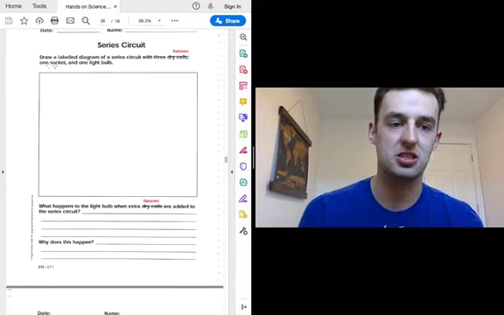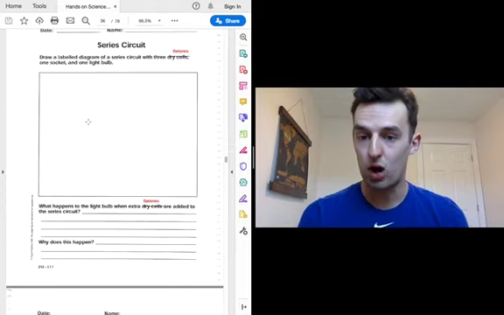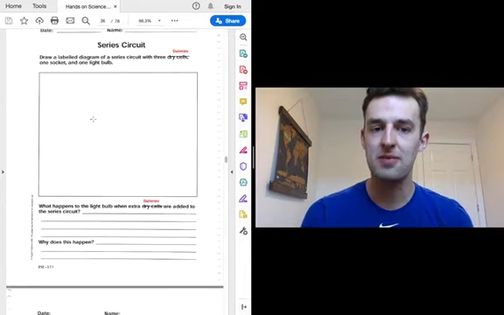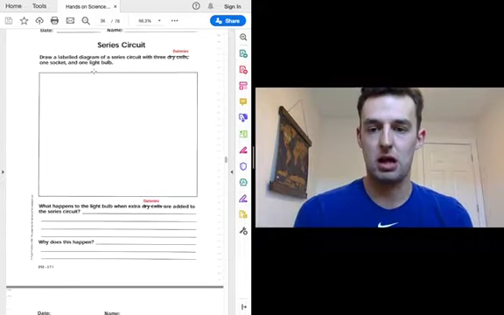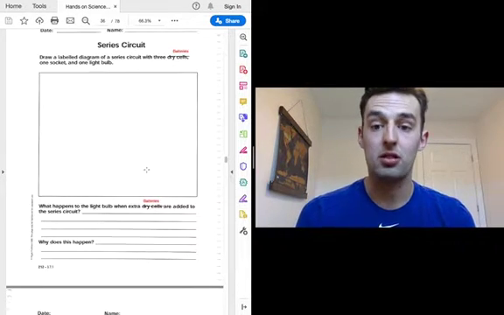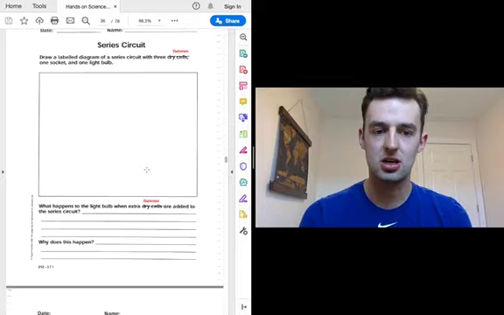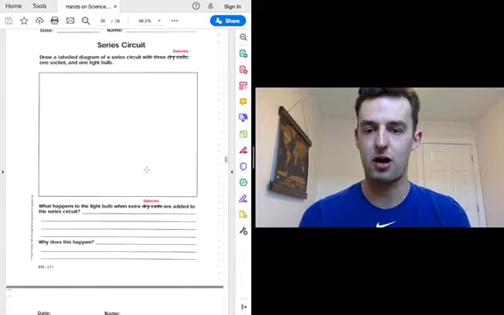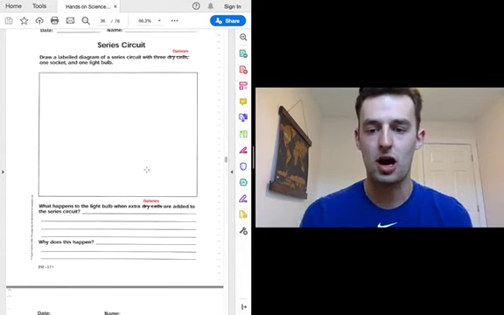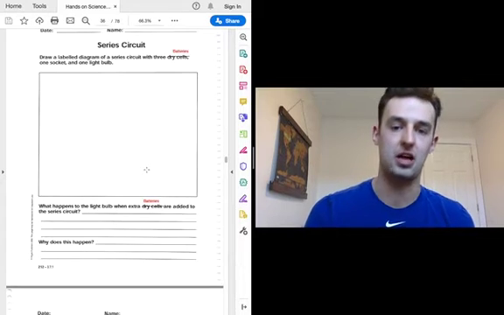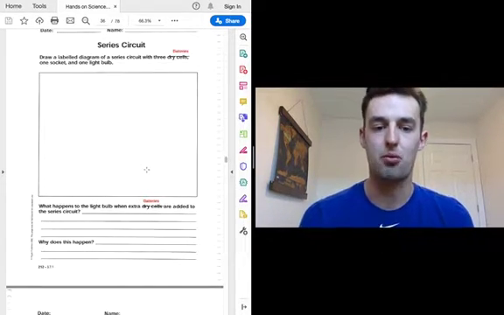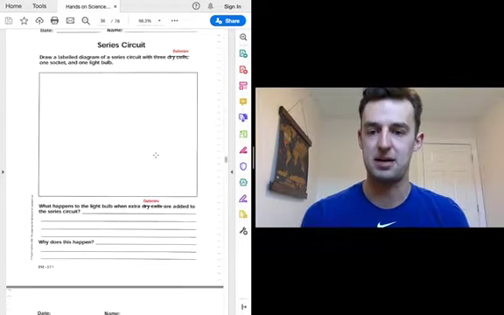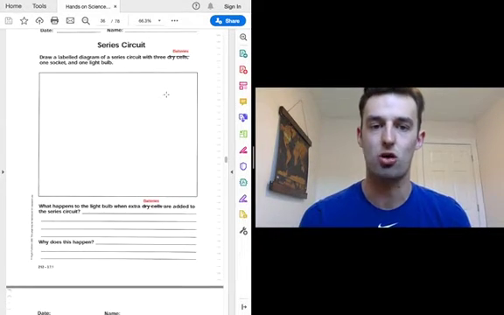The socket would be your wiring like we've used previously. The batteries are the batteries, and the light bulb is the light bulb. For this one, I would like you to use the symbols that we've learned about in this unit. If you want to draw actual pictures of a light bulb, a battery and a wire, that's fine, but the preference is that you use the symbols we've discussed so far.